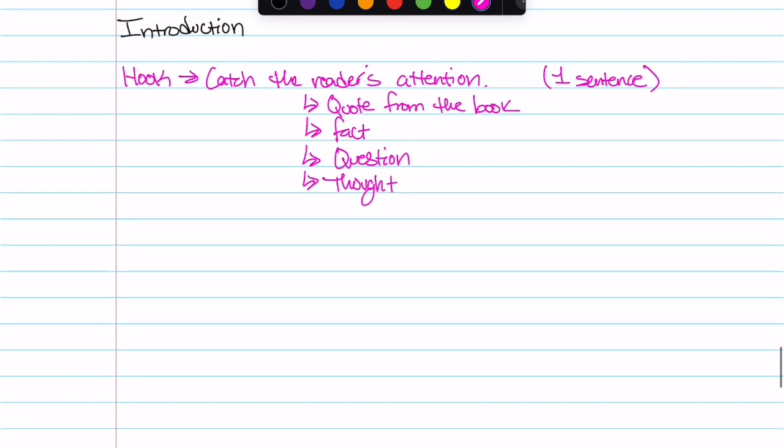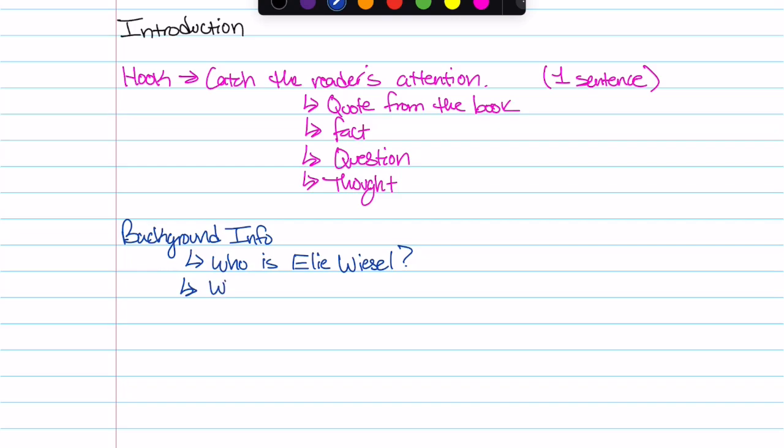And then the next part of our introduction paragraph is going to be our background information. The background info for this essay could look like a couple of different things, right? It could look like who is Elie Wiesel? Who is the author of our book? What was the Holocaust? Maybe give some information on World War II.